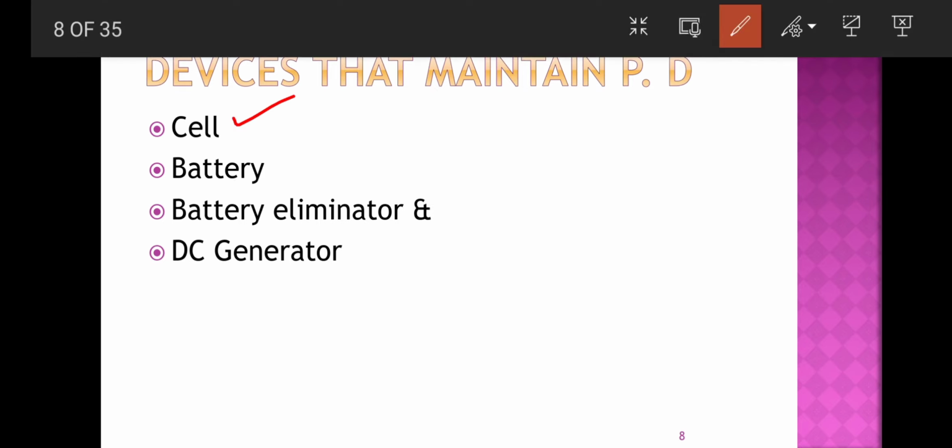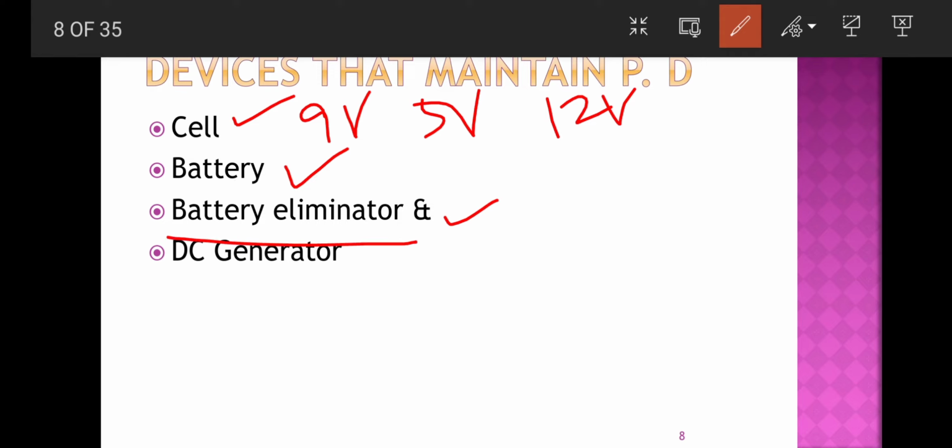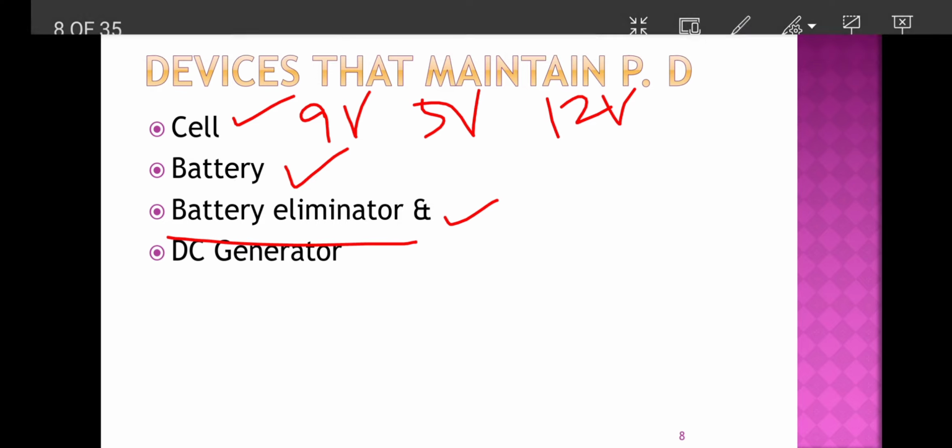You may know what a cell is. We use cells in toys, remotes and wall clocks. A group of cells we call a battery. A cell will have 9 volt, 5 volt or 12 volt, depending upon the capacity of the equipment. And battery eliminator. I will show you all these things one by one and explain.